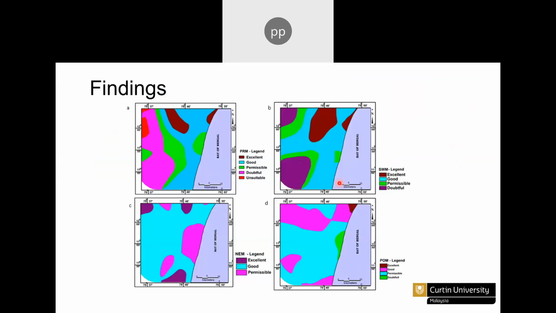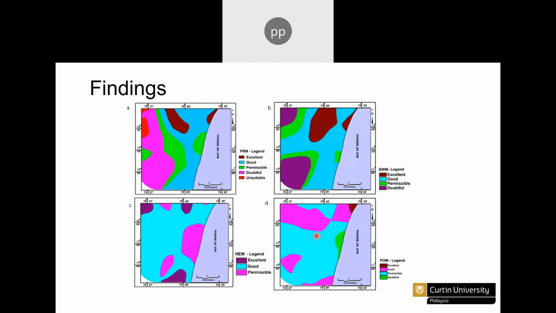And these are the findings. They use GIS, and they use an overall classification of the water quality. As you can see here, these are the different seasons, and these are the classifications: excellent, good, permissible, doubtful, unsuitable. Again, keep in mind, the final outcome of this map has been produced from the individual indices. As I mentioned, they created different plots.